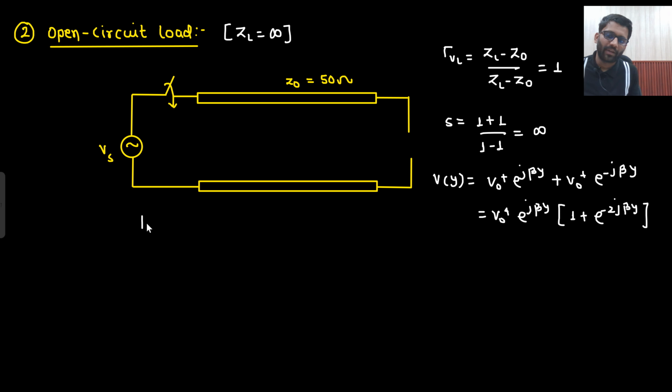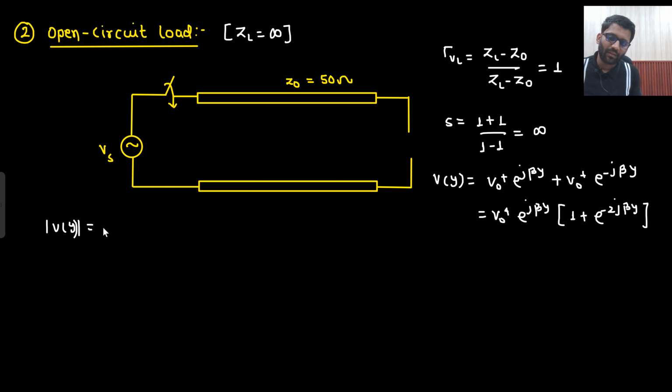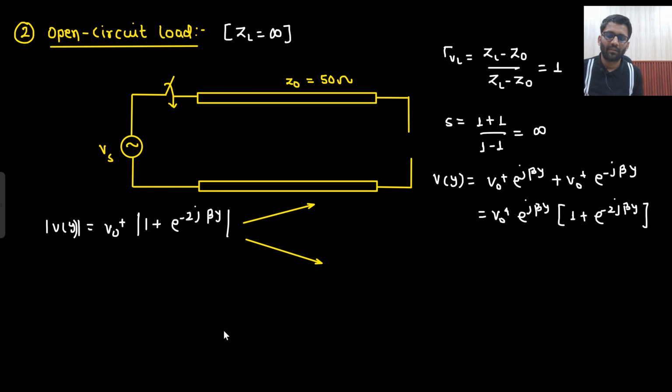And if you talk about the magnitude of Vy, directly I can see the magnitude will be |1 plus e to the power 2j beta y|. And for maxima and minima, I can see the maximum value and minimum value.